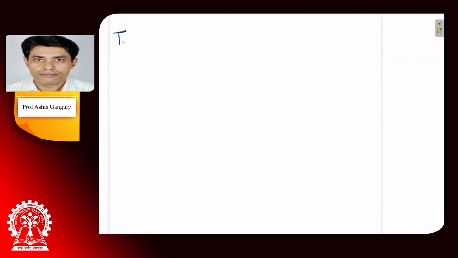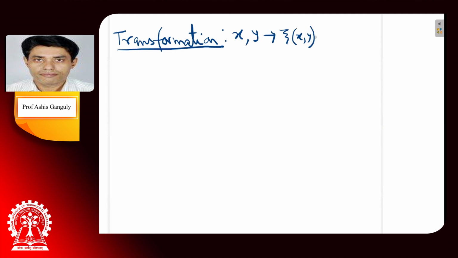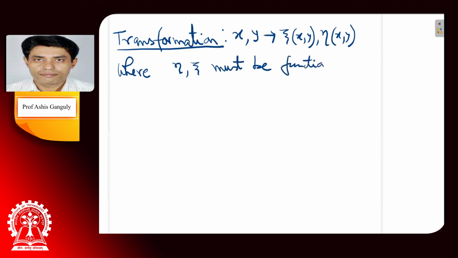So we need a transformation. What we will do is change the independent variables x, y to xi and eta, where eta and xi must be functionally independent.